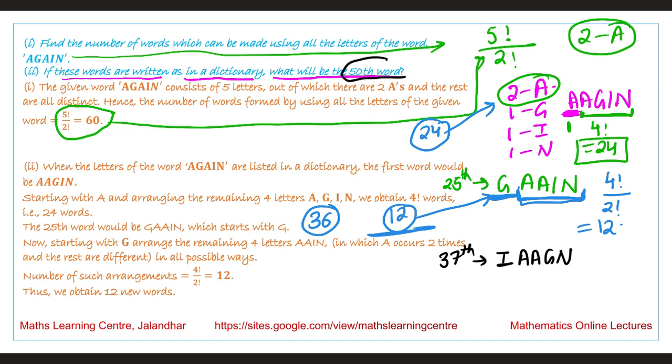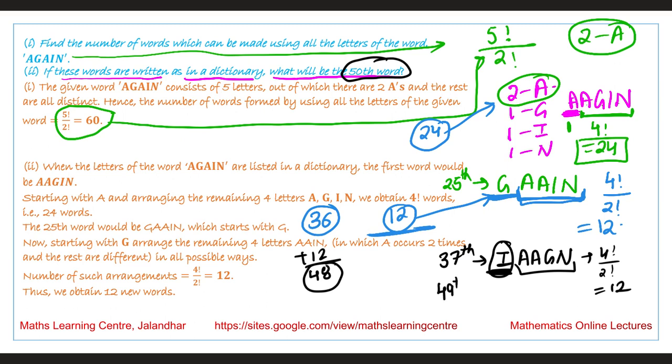We want to find the 50th word. The total number of words that can be formed starting with I is again 4 factorial by 2 factorial, which is 12. So 36 plus 12 is 48. So the 49th word will start with N, and that word will be NAAGI.